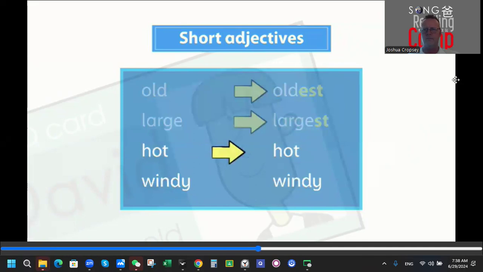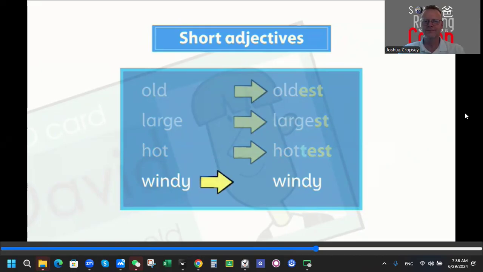Hot. Hottest. When a short adjective ends in a consonant and y, we change the y to i and add est. Windy. Windiest.